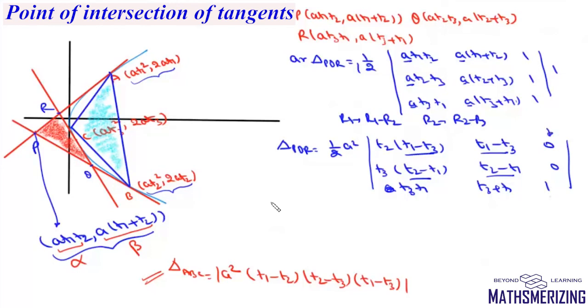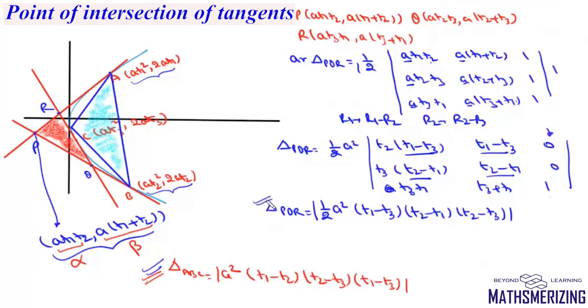So we'll get the area of triangle PQR as 1 by 2 into a square, times (t1 minus t3)(t2 minus t1), and if we expand about the third column, we'll get t2 minus t3, with its modulus value. So now we have the area of triangle ABC, and we also have the area of triangle PQR.